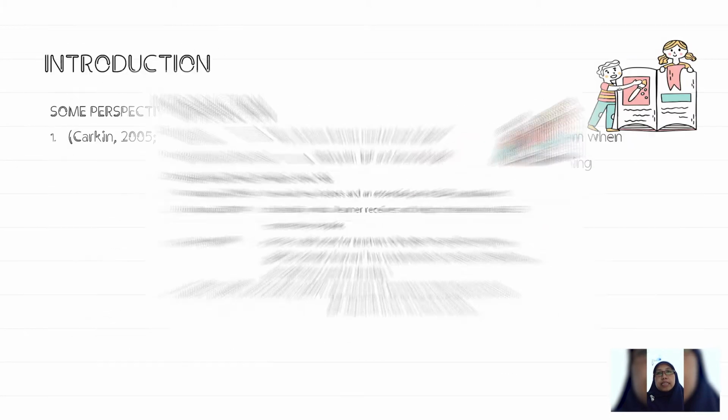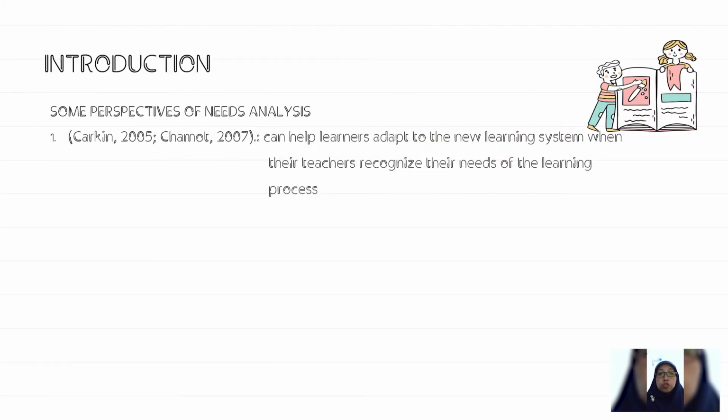So with regard to those perspectives, the advantage is that needs analysis will identify the weaknesses and strengths of the skills that they may use in potential business or academic contexts.